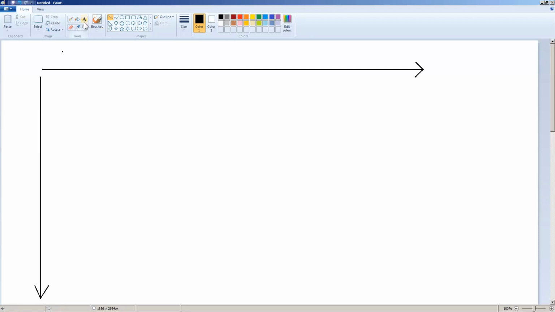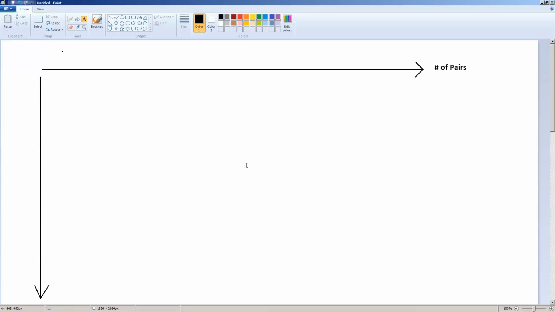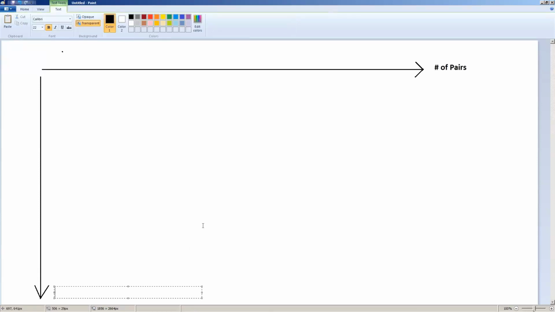All right, so we'll make a little graph here, and we'll call this number of pairs. Unfortunately, my keyboard, the way my desk is set up, that's all right. And then this bottom one, I'll just stick it along the side here. This will be number of signature trades.